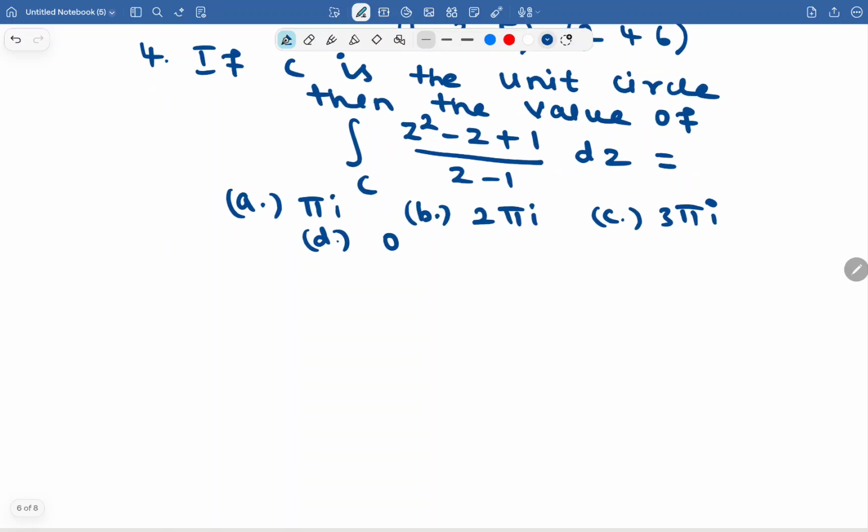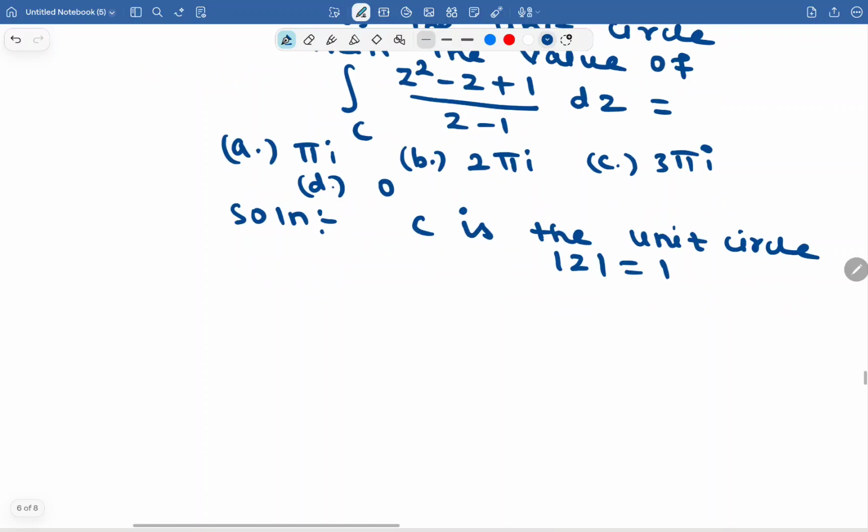Here in this problem, C is the unit circle. That means mod z equals 1.